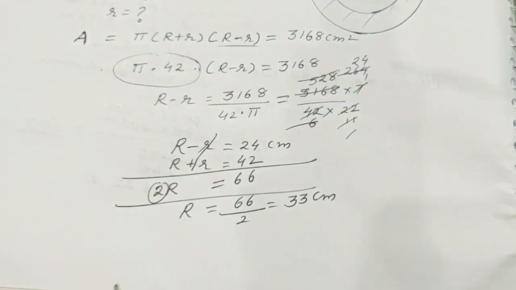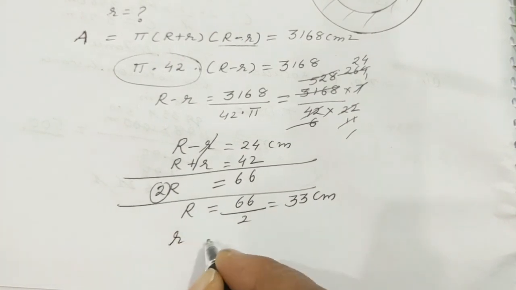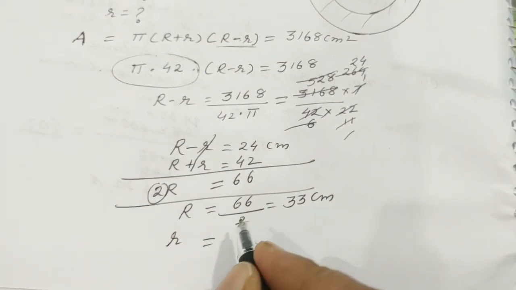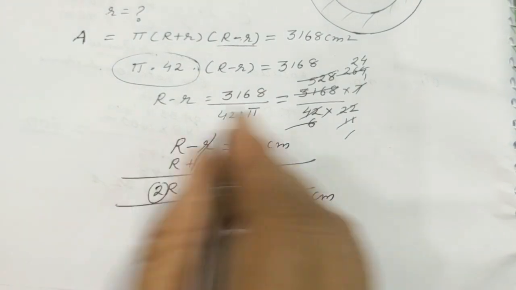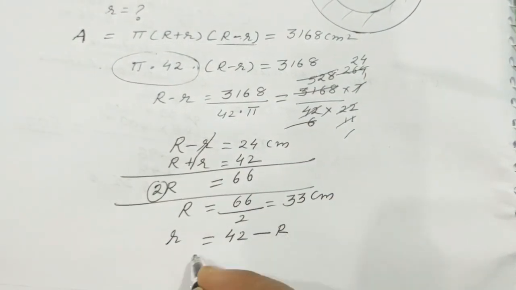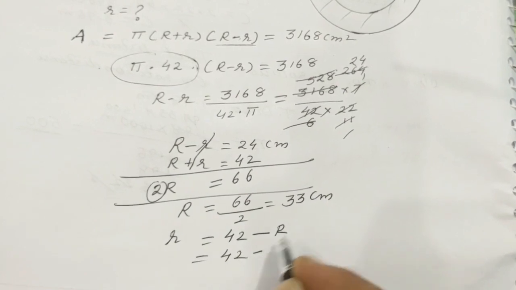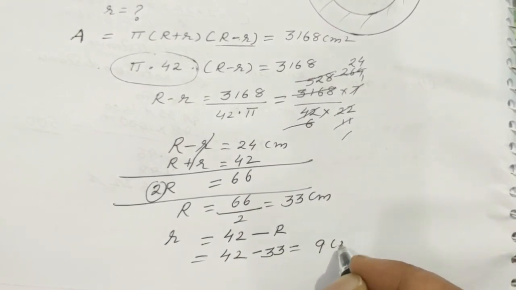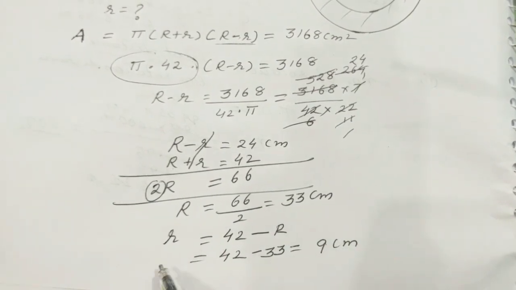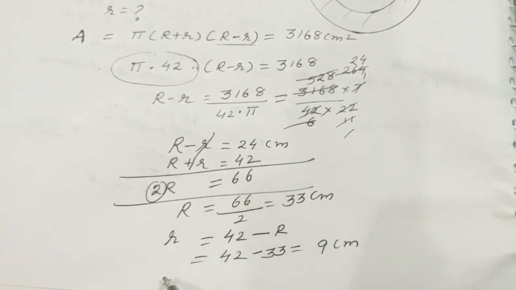Now let's try to find the inner radius, small r, that is equal to 42 minus capital R. Put the value, 42 minus 33 equals 9 centimeter. This is how we can easily calculate the two radii. The outer radius is 33 centimeter and the inner radius is 9 centimeter. Clear?